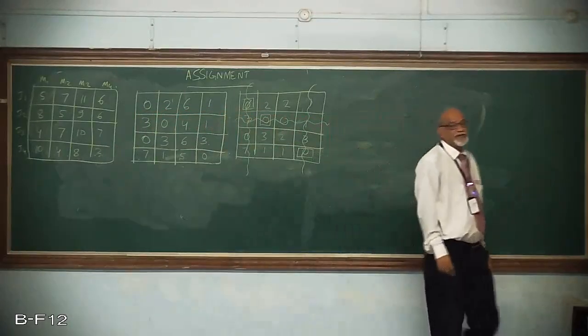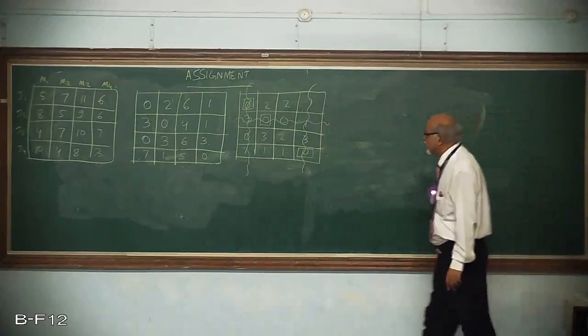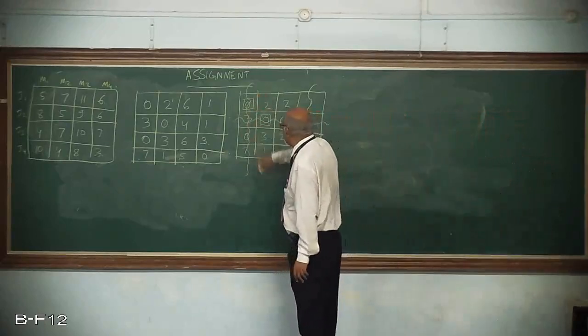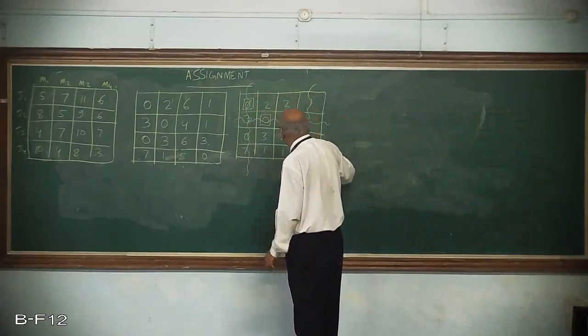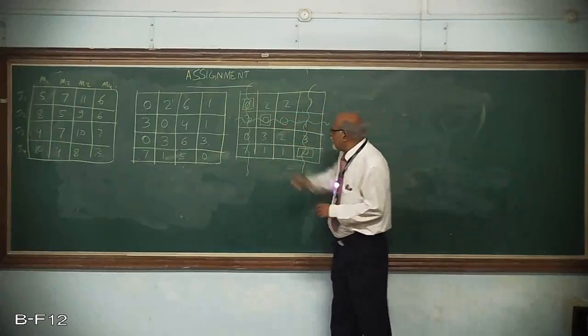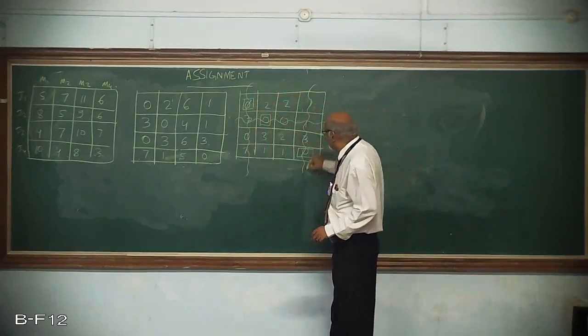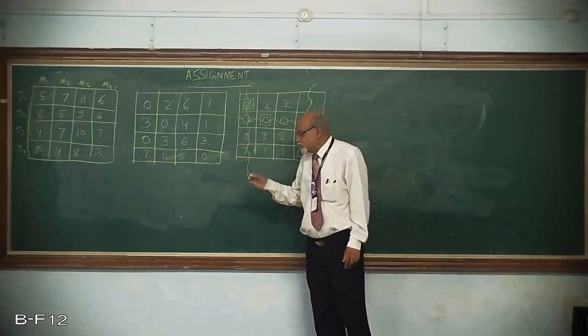Try to understand. Otherwise, you could have drawn 1 line here, 1 line here, 1 line here, 1 line here, so all the zeros are covered and marked.